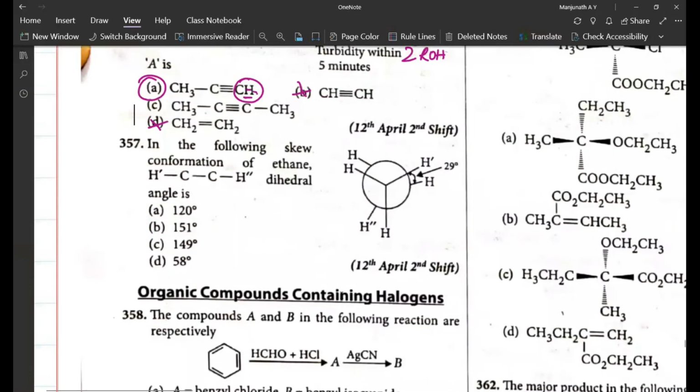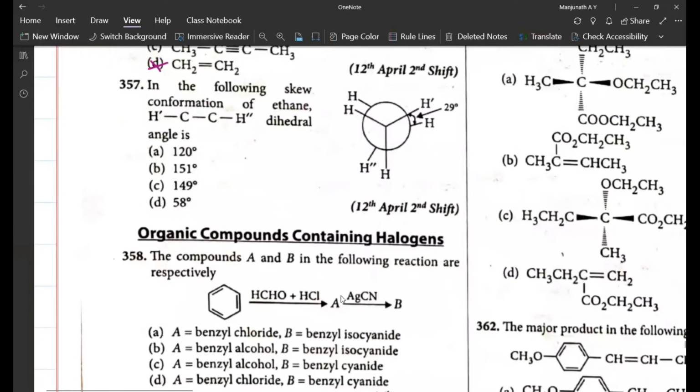Next one. In the following conformation of ethane, the dihedral angle is. What is dihedral angle?